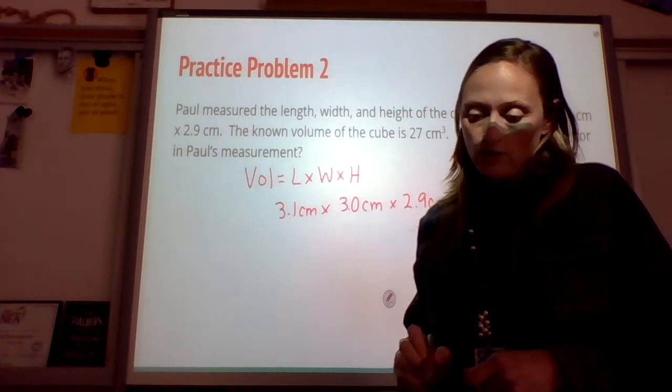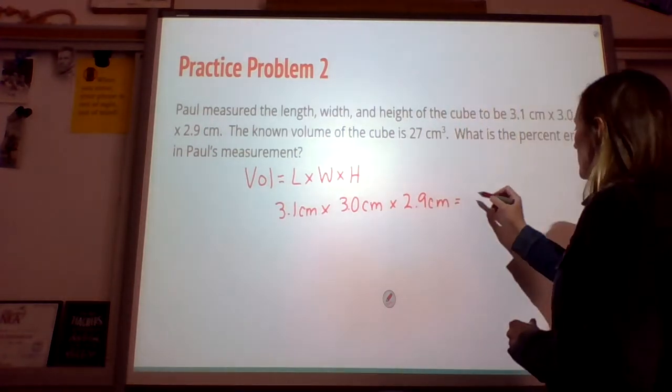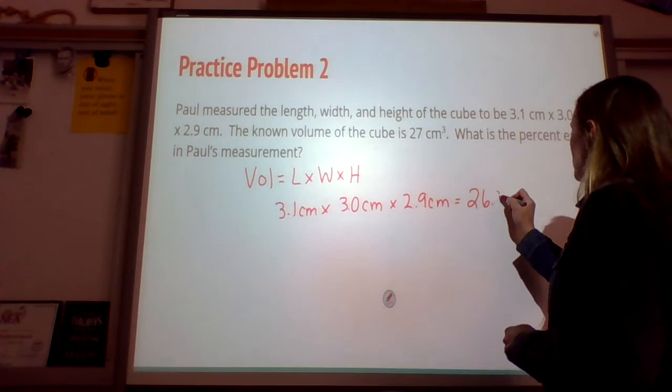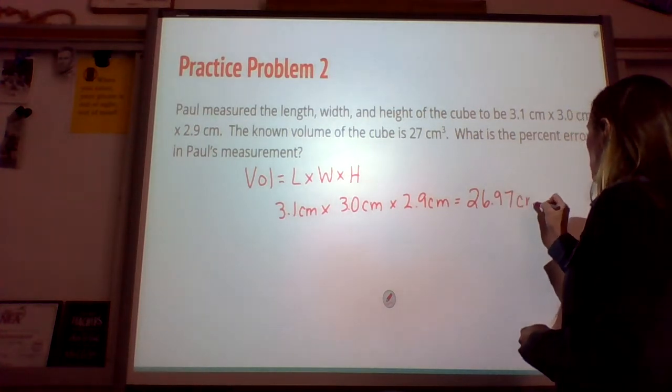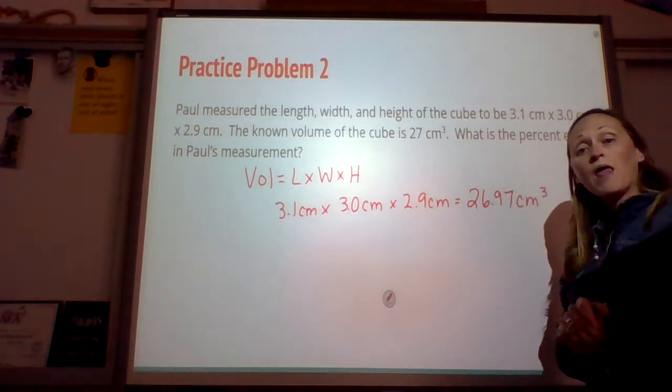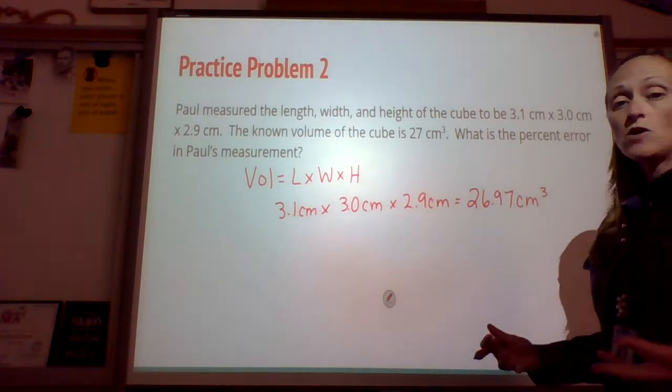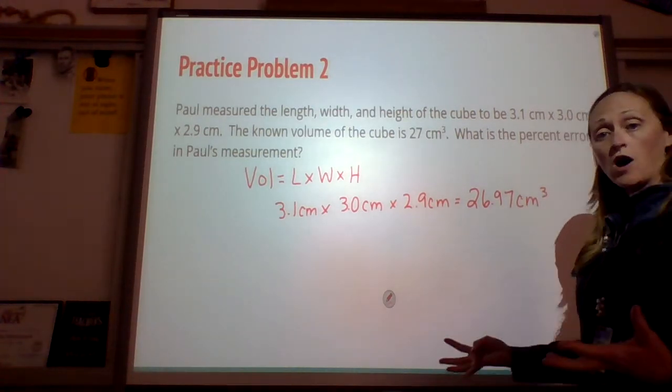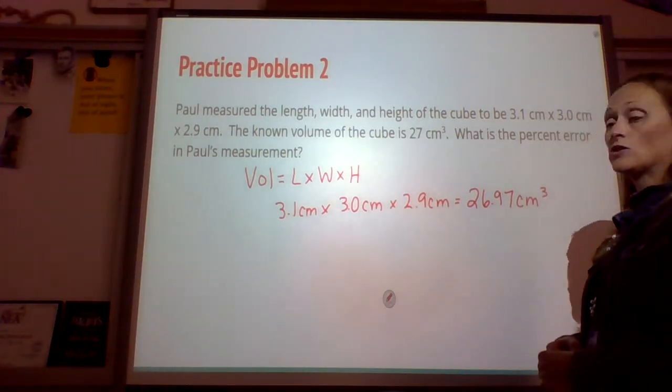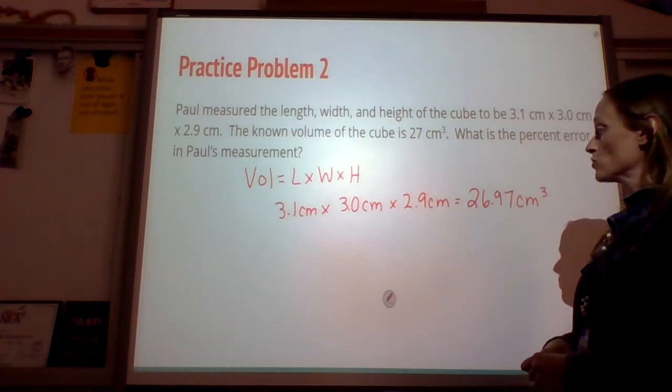When we calculate that, we end up with 26.97 centimeters cubed. At this point, we're now ready to go on and use our percent error problem to calculate the percent error in Paul's measurements.